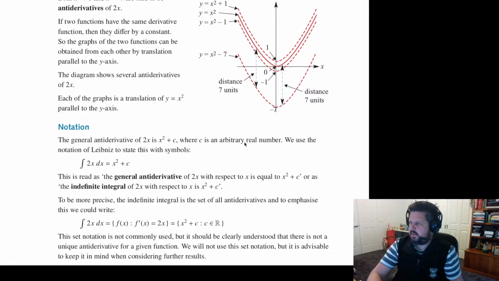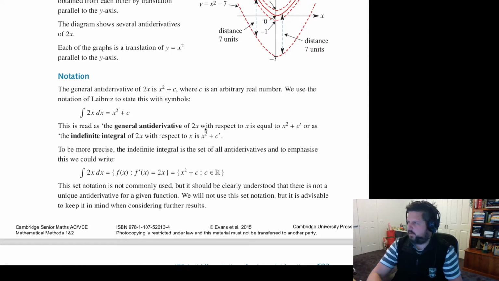Now, here is how we start writing these things out. We say the general antiderivative of 2x is x squared plus c. It's important to put this plus c on here because that c is going to be that arbitrary real number, that constant value on the end. And using Leibniz's notation is as follows. This is the general antiderivative symbol.